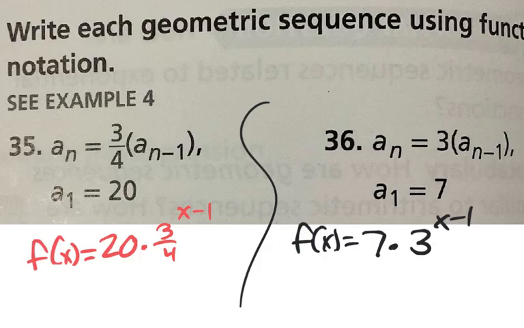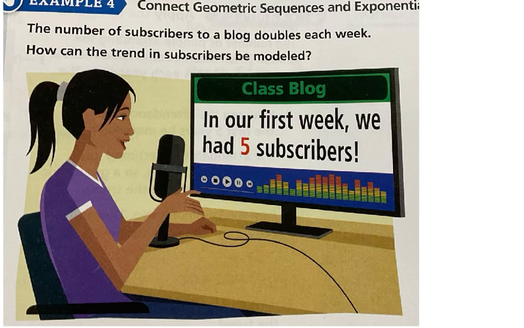But good with that? So, yeah, this girl wants to come up with a mathematical formula that models her number of subscribers. She started with 5, and it's going to double each time. So, if she started with 5, we could think of 5 as the initial value, the a sub 1.